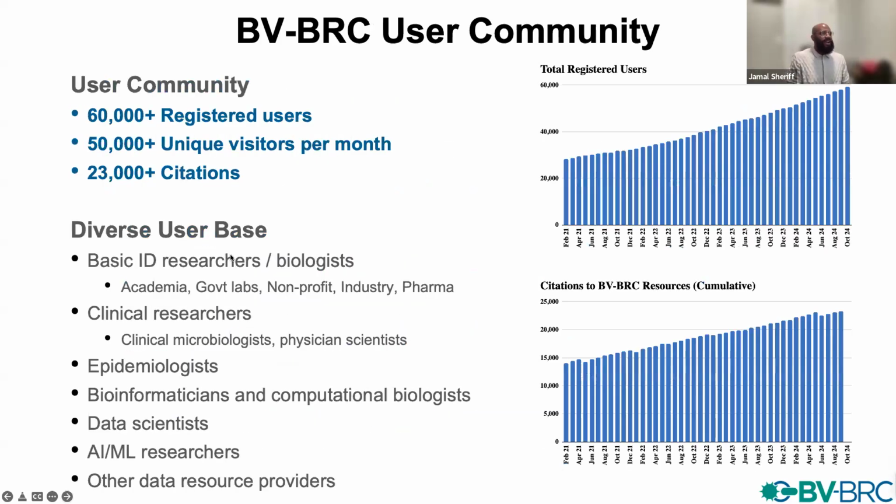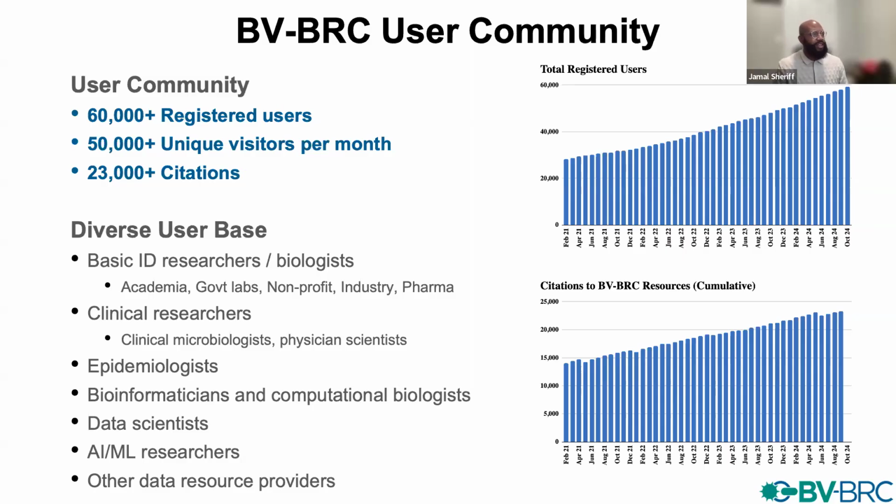Now, if you might not have heard of the BV-BRC, I promise I'm not lying, we have a lot of people that use our resources. We have over 60,000 registered users and 50,000 unique visitors each month, submitting thousands of individual jobs, and we have over 23,000 citations.